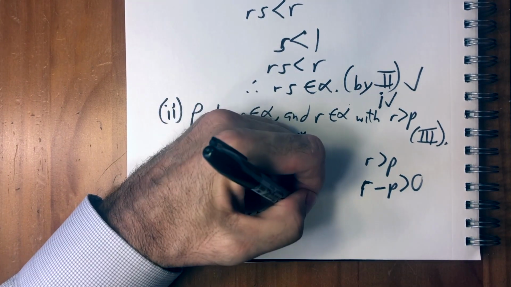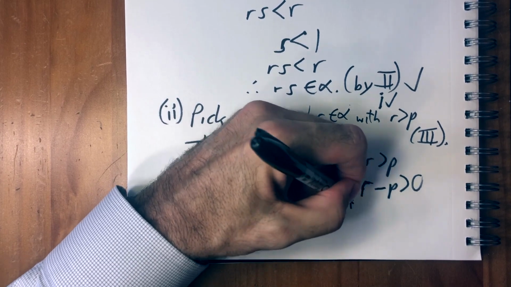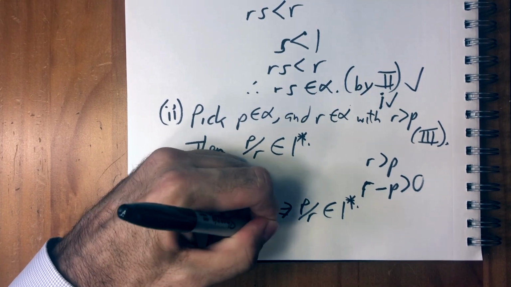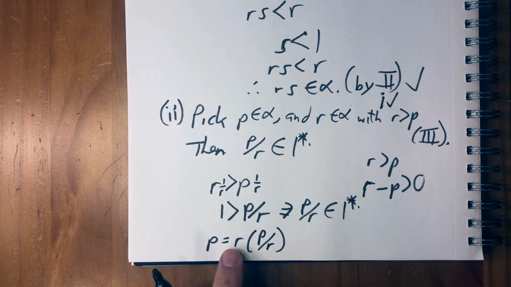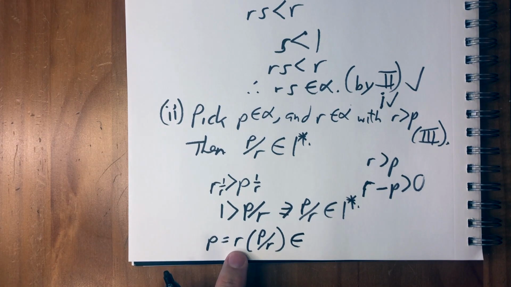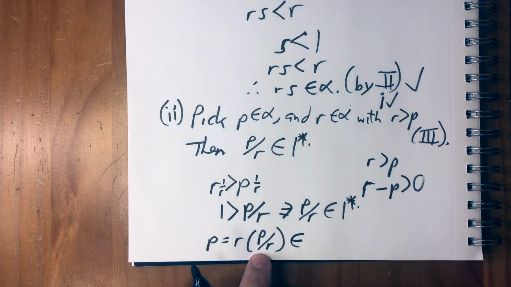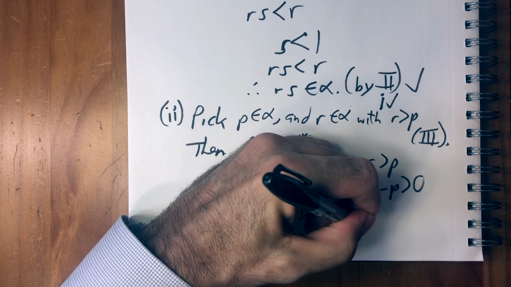So P divided by R is an element of 1 star. And P equals R times P divided by R, right? Because the R's cancel. R is an element of alpha, P over R is an element of 1, so this is an element of alpha times 1.